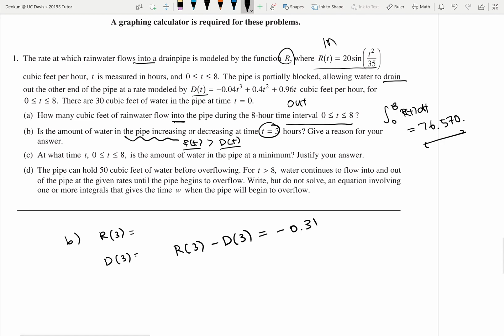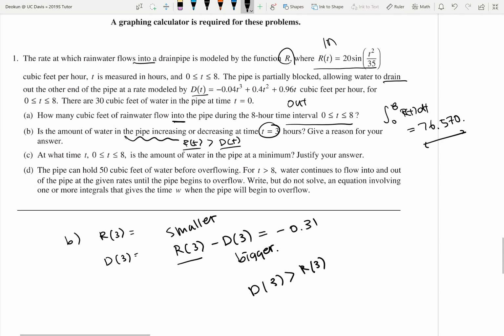What does this tell you? That this is smaller and this is bigger. Therefore, the water being drained out is more, since D(3) is greater than R(3).